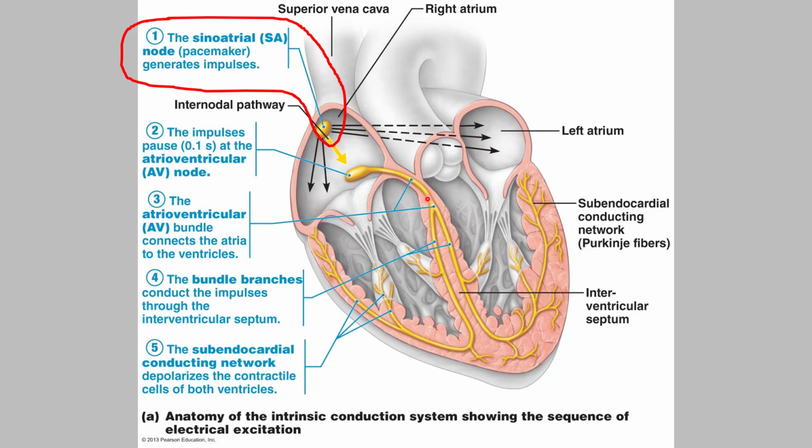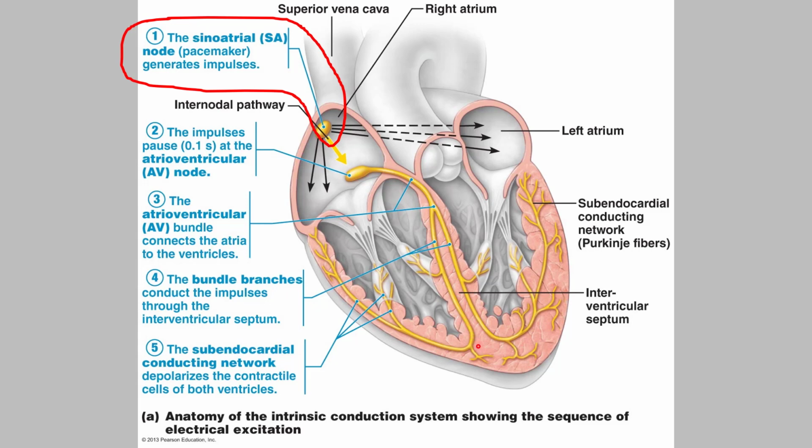But it almost immediately splits into two bundles that run parallel to each other all the way down through this wall that separates the two ventricles, down towards the apex of the heart. These two parallel bundles are called the left and right bundle branches.